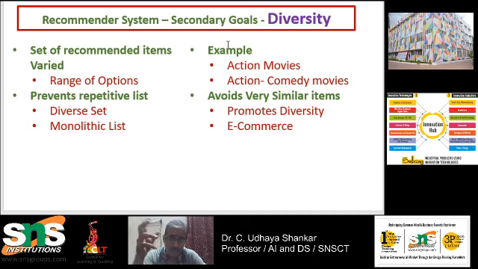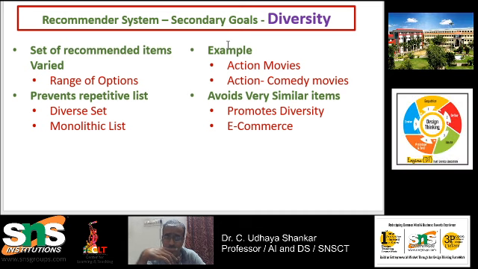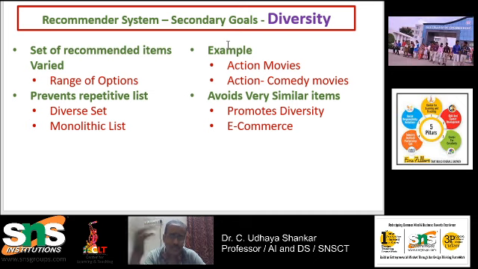If there is a lack of diversity, the users will always be buying only specific brands, which is not correct. New brands come on a day-to-day basis.